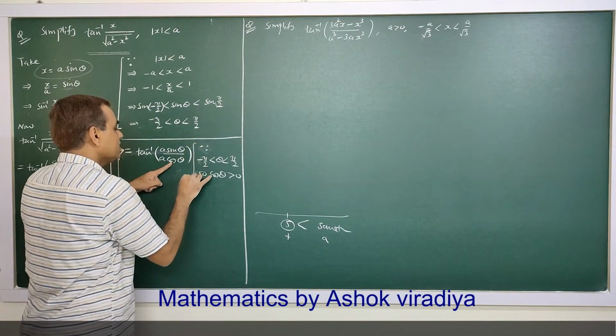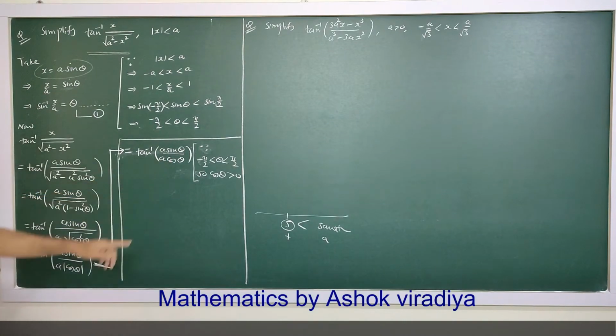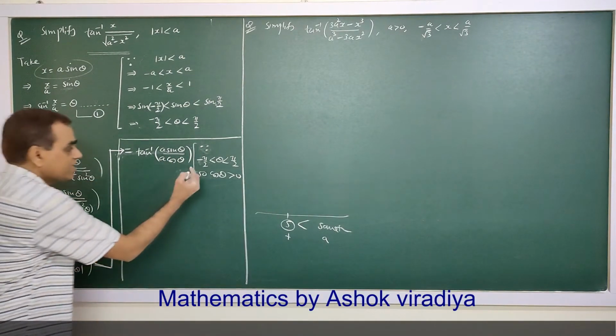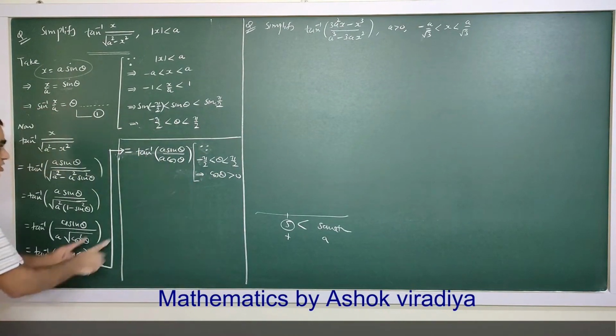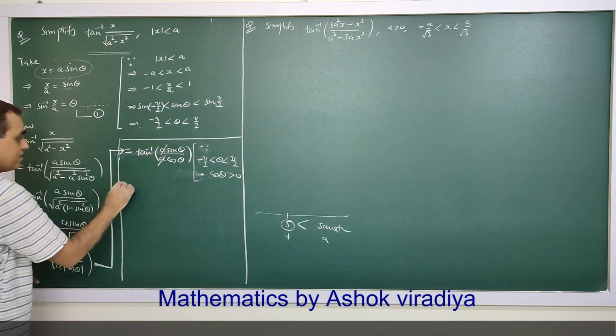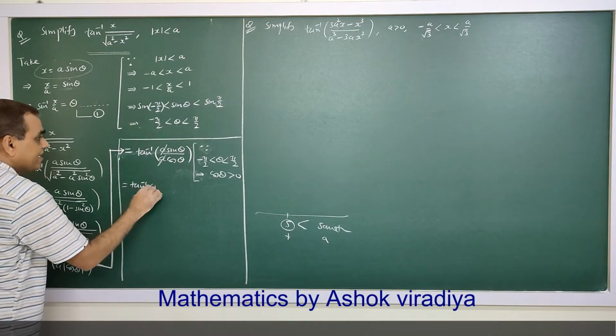This is the reason for this step. Theta is in fourth and first quadrant, so cos is positive, so modulus cos theta is cos theta. Now this is cancelled, so tan inverse tan theta.